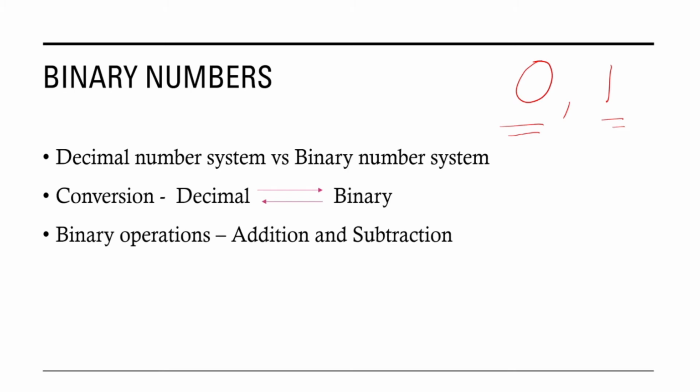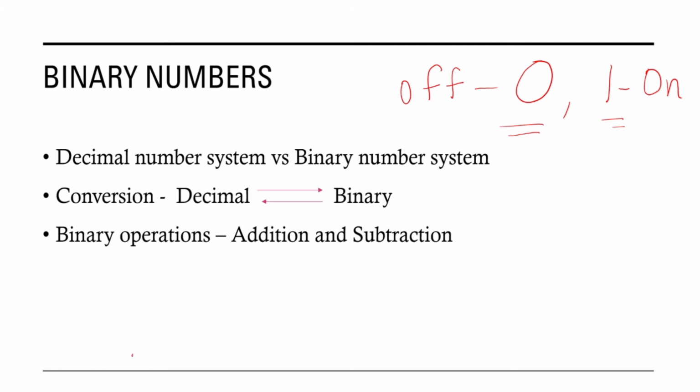It becomes easy for computers to do all these operations in a rapid manner when there are only two numbers, namely 0 and 1. This 0 signifies off and 1 signifies on. Hence binary numbers have become highly useful for various computer operations. Now let us see one by one.